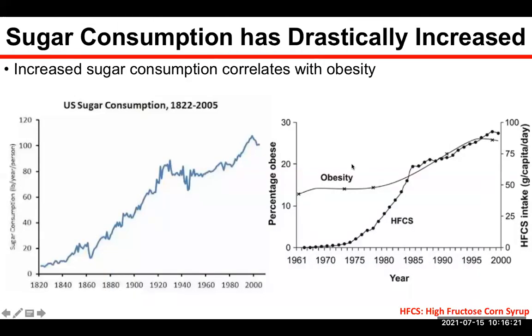And so here's a graph that's showing an increase of our sugar consumption from 1820 all the way to 2000. And so we can see this upward positive trend of the amount of sugar that we're consuming in our diet. And as I showed you at the beginning, when it comes to the absorption of sugar, if we're intaking an excessive amount of sugar, our body is going to end up storing it as fat.